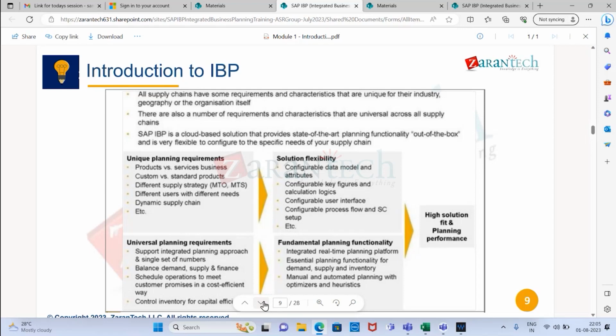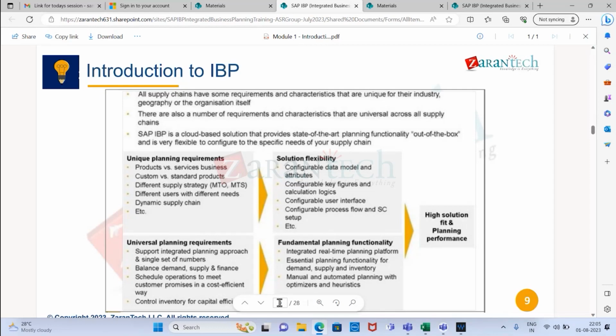In a lot of organizations, there are a lot of processes which are very common, which we call standard processes, and there are a lot of processes which are unique to some organizations. IBP has a lot of flexibility in the solutions, and even in the fundamentals of the planning process. So we'll touch upon some of these processes to understand how IBP can be used to determine better solutions for them.